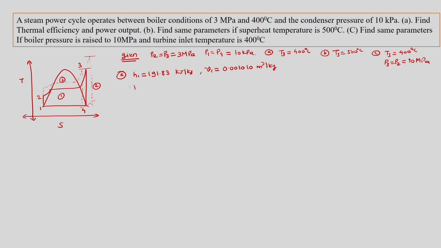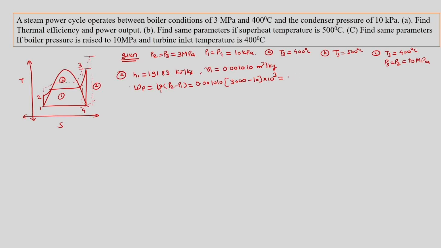So Wp is equal to nu into (P2 minus P1), so it is 0.001010 into (3000 kilopascal minus 10 kilopascal).